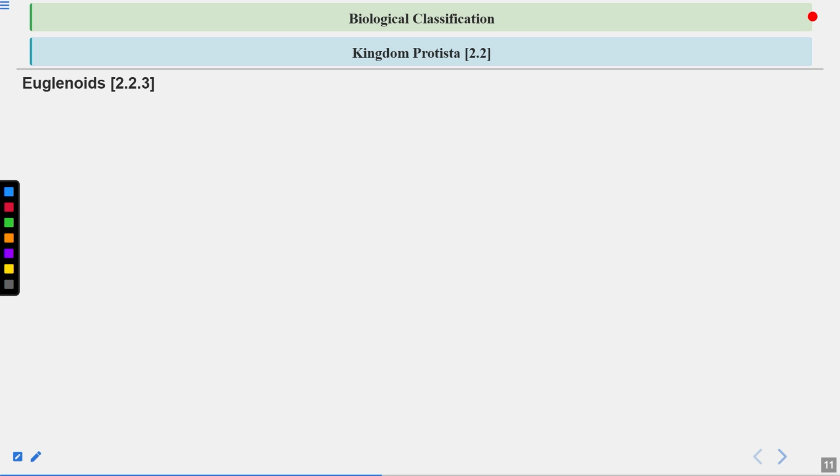Let's talk about the euglenoids now. So euglenoids, they are very interesting. Example is Euglena. So what are the characteristic features of the euglenoids? So majority of them are freshwater organisms and they are found in the stagnant water.